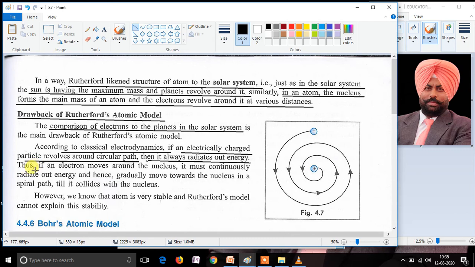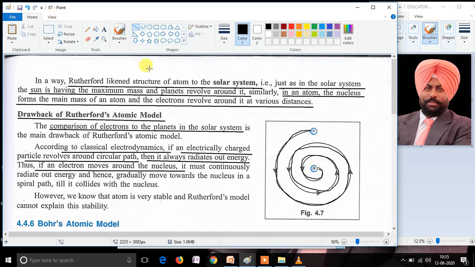If these electrons radiate out energy, they will move closer to the nucleus. As you can see here, if the electrons are revolving, they should move closer and closer to the nucleus, because they are continuously radiating out energy.